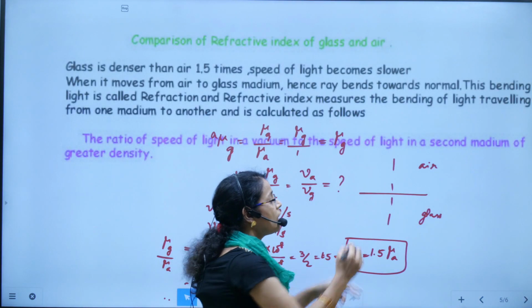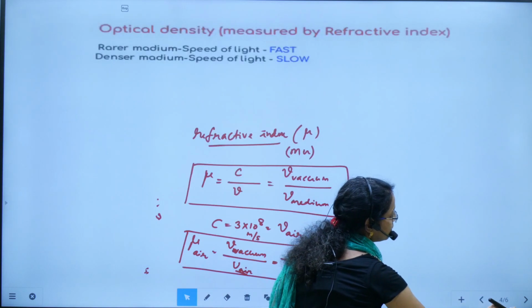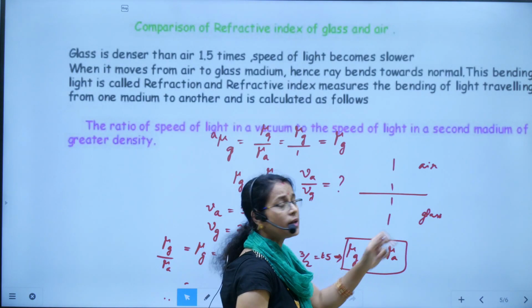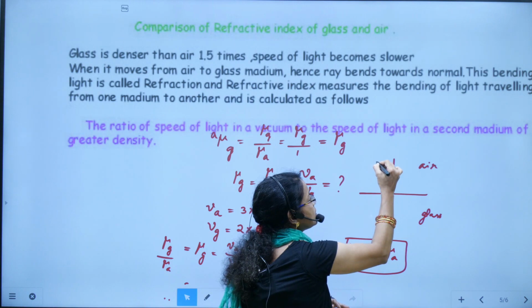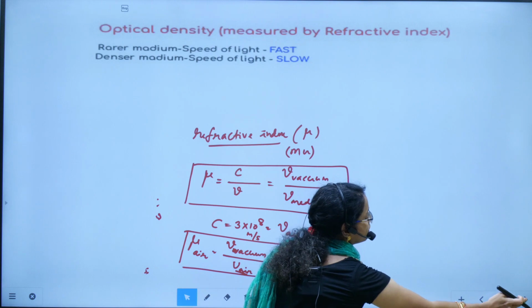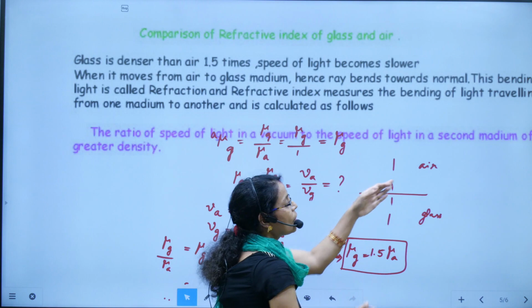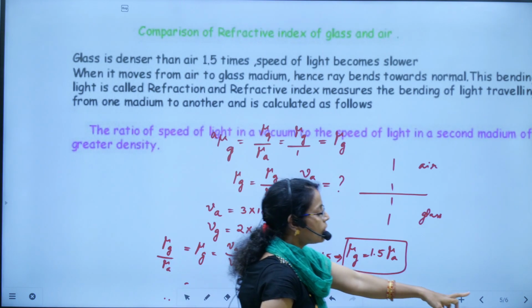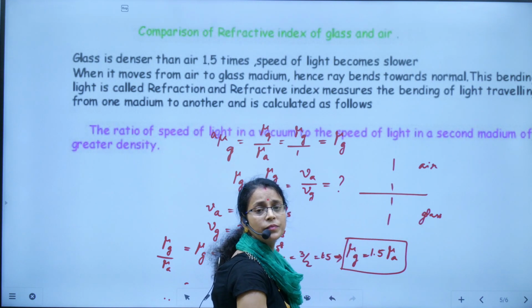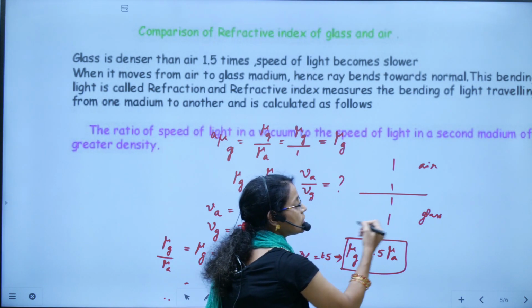As it is moving from the rarer to the denser medium, if it is incident here, it will move towards the normal.